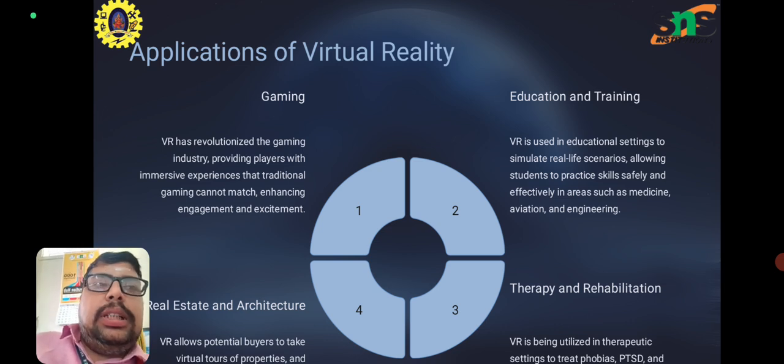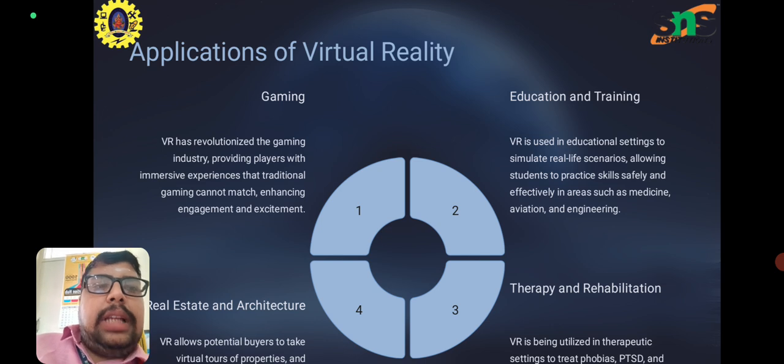VR is used in education settings to simulate real life scenarios. It allows students to practice skills safely and effectively in fields such as medicine, aviation, and engineering.